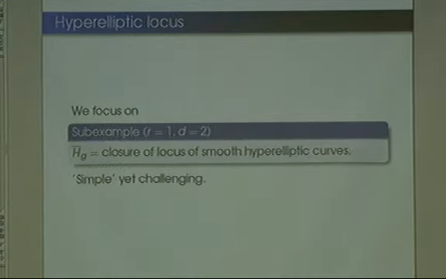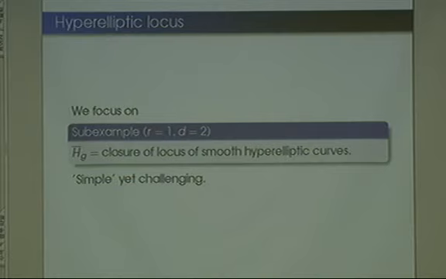And an even much more special case that, to me anyway, is quite challenging, is just to look at the locus of hyperelliptic curves, r equals 1 and d equals 2. In some sense it's very concrete, explicit and simple, but on the other hand, it does have high codimension in moduli.